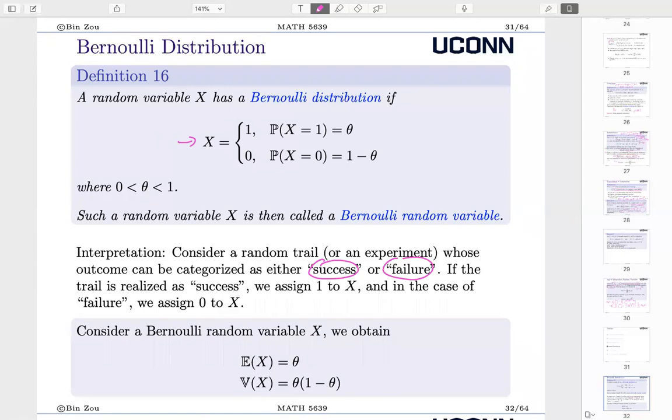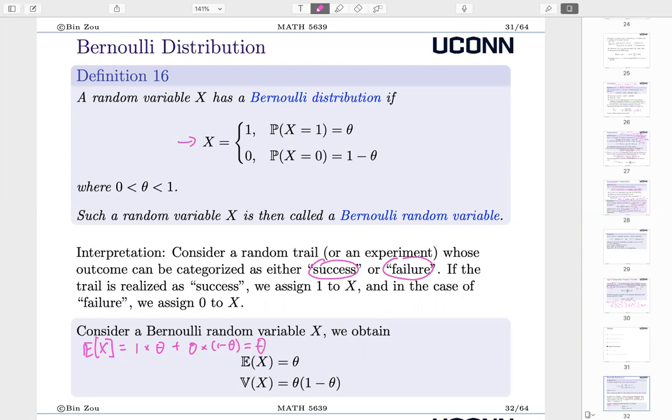So given the above definition, the next result of expectation and variance should be very straightforward. In this case, the expected value is the value 1 times the probability theta, plus the value 0 times the probability 1 minus theta.